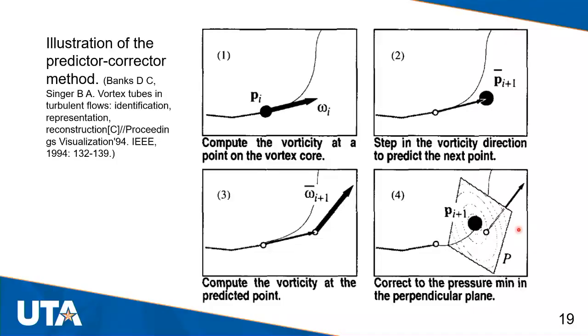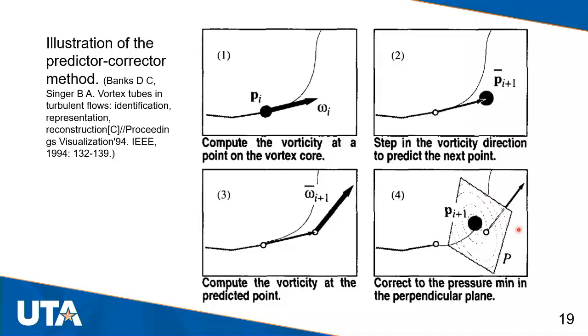So how does this predict and correct method combine the advantages of two types of lines? Look at the first step. The first step is actually doing the thing of the Liutex line. We find a point and go along the direction of Liutex to find the next point.